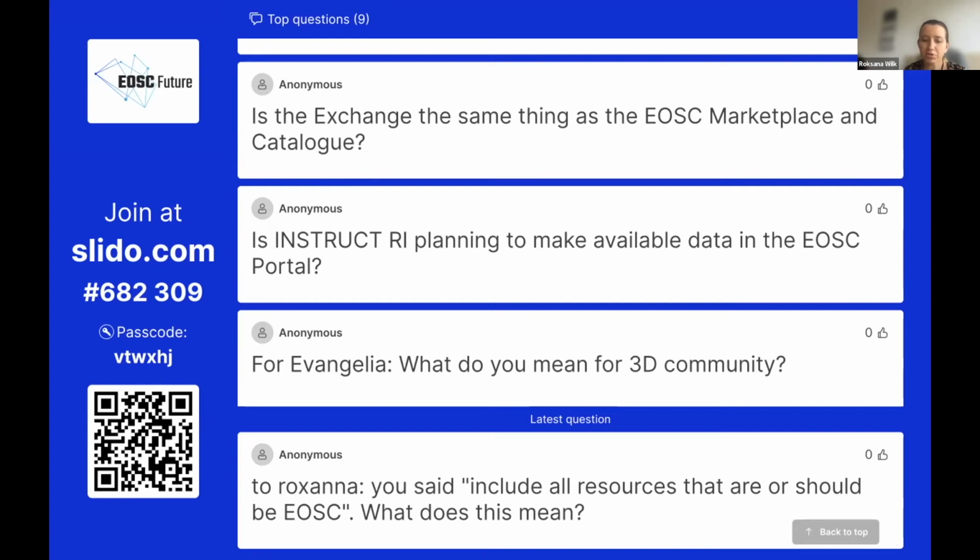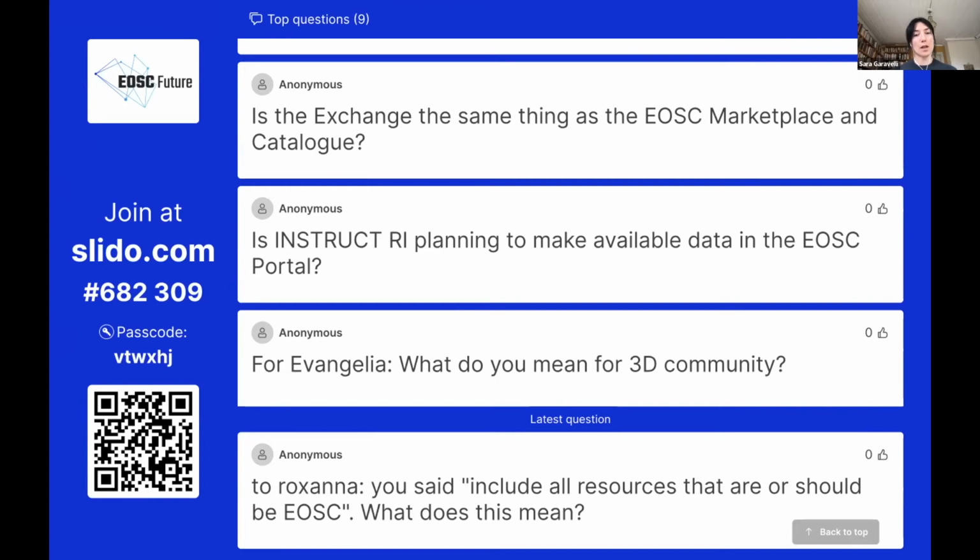So by all resources that are or should be EOSC, I mean those that are already integrated within EOSC, because some of them are via the regional projects right now, or should be, because if a country is running a computing infrastructure, it probably should be part of EOSC at some point. That's what I had in mind. Anyone else want to add anything?